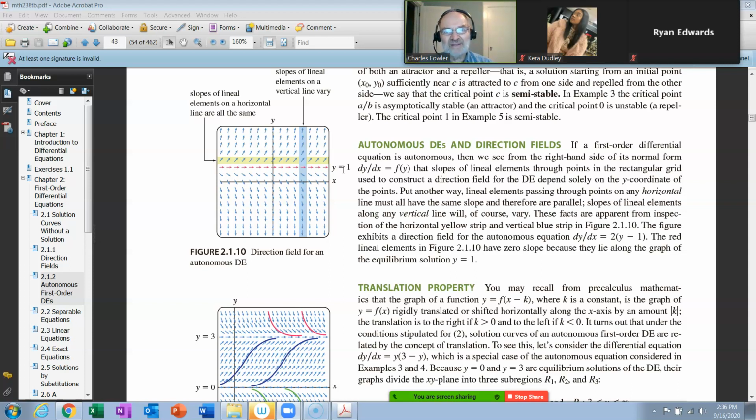Now we're asking what y values make that 0. And here is an example. The figure displays the direction field for an autonomous differential equation, dy dx equals 2 times y minus 1.